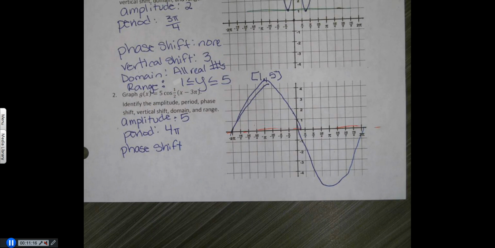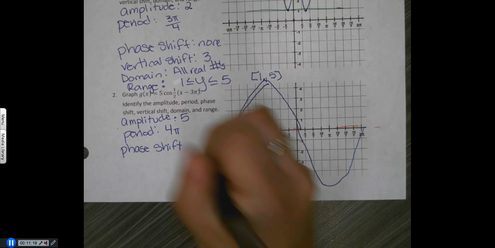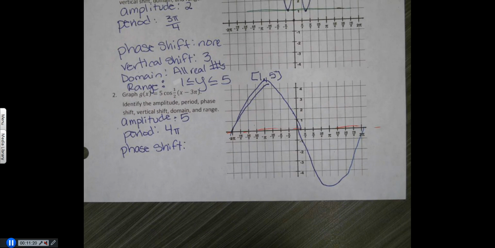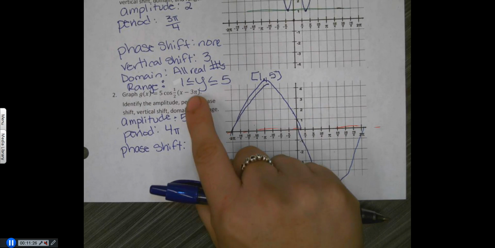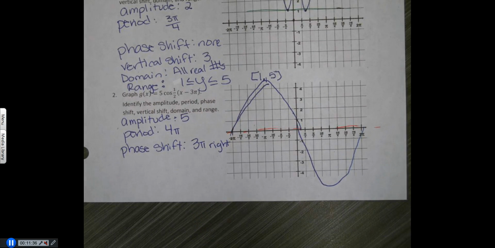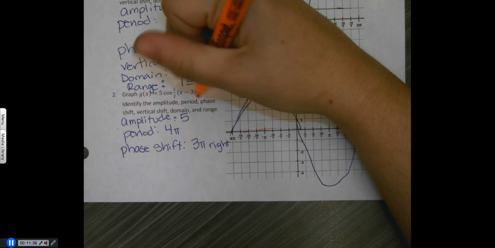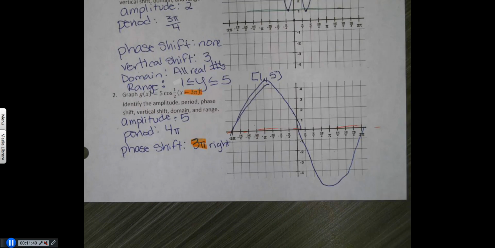Okay, then the next thing I have is phase shift. This is moving left and right. Remember when we did graphs with quadratics or exponentials, the number inside with x is moving left or right. So this is moving 3 pi right. So those two go together.